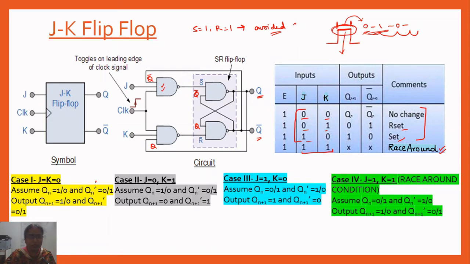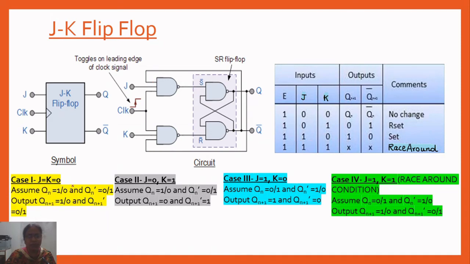So the four cases which we have seen, J is 0, K is 0; J is 0, K is 1; J is 1, K is 0, you can very well verify from the flip-flop. Now let us see what happens when J is 1, K is 1, and let us suppose the previous output is 0 here and 1 here.